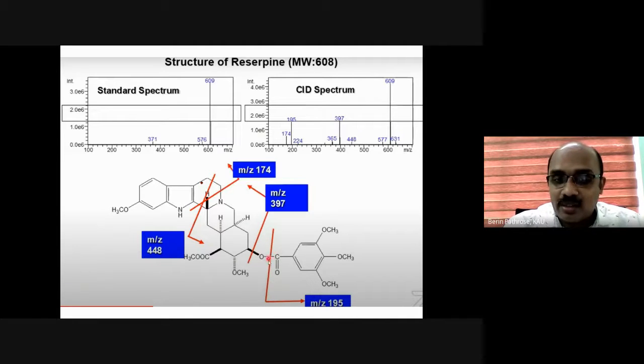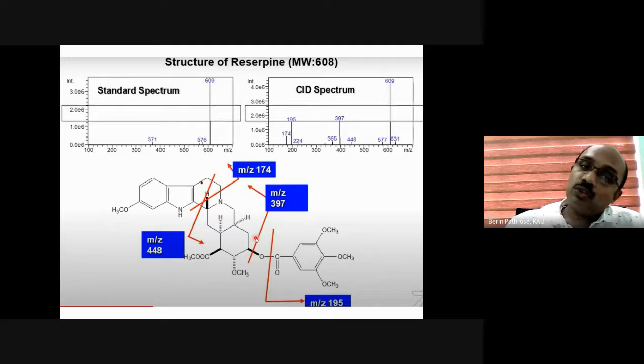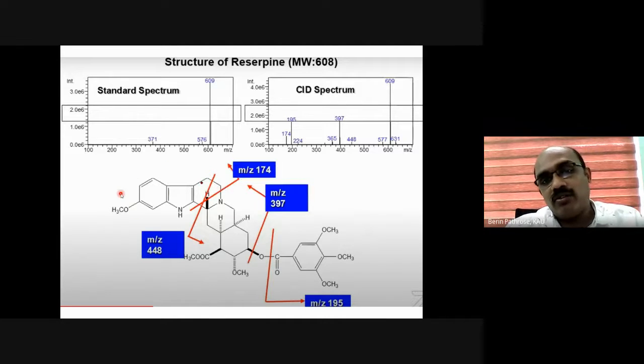At the ester bond, the compound will break, and this structure will get removed, and it has a molecular weight of 195, and the remaining part, all this part, will have an M/Z ratio of 397. And the compound can also break at this point here. If it breaks here, the remaining part will have a molecular weight of 448, and this part will have a molecular weight of 174.